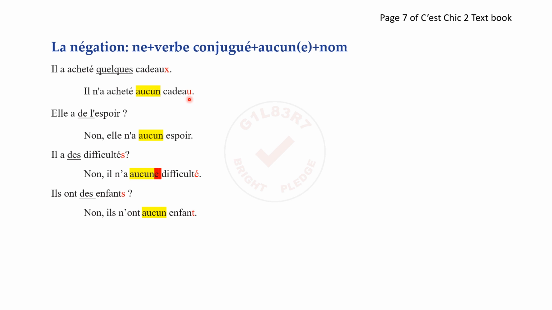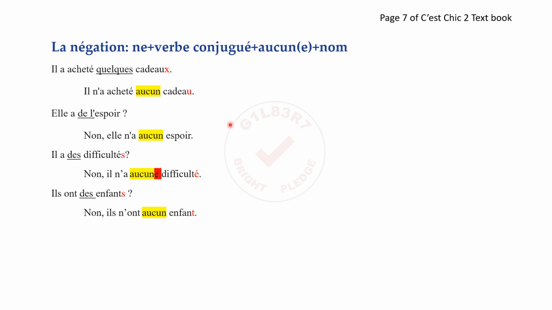And remember that I'm putting it in the singular form. So you can see the X is being taken away in the ne and aucun form. Similarly, if I say elle a de l'espoir, meaning she has some hope, and I'm going to say no, she has no hope.